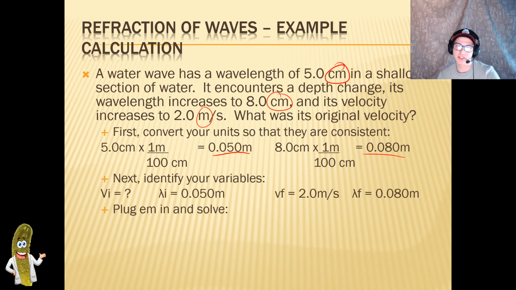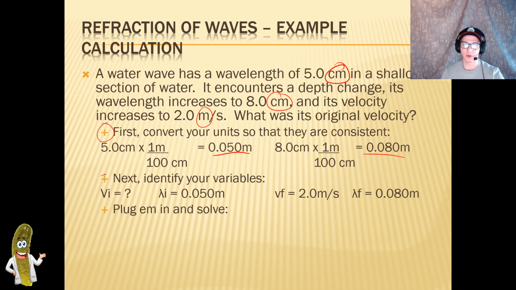The next thing is just identifying our variables. If we were in class, generally what I do when I'm marking is this step here is usually worth a mark. So I will give you units that are inconsistent and ask you to change it. And this is relevant for next year if you are taking science, either chemistry or physics, I suppose, would be the most relevant. But your first mark will be converting your units.